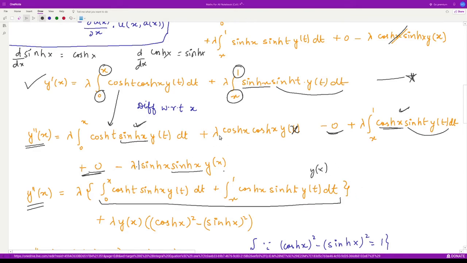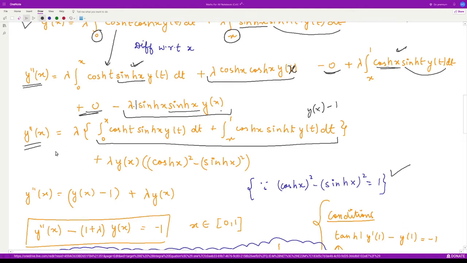And clubbing these two terms, this term and this term, we have lambda y of x common. So we are left with cos hyperbolic x squared minus sine hyperbolic x squared, and that is equal to 1. This is the identity involving hyperbolic functions.